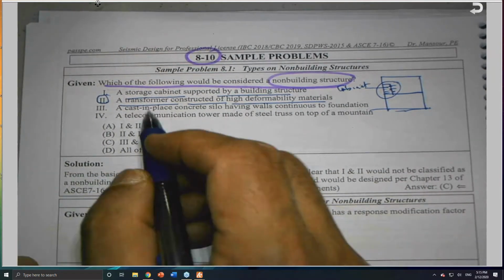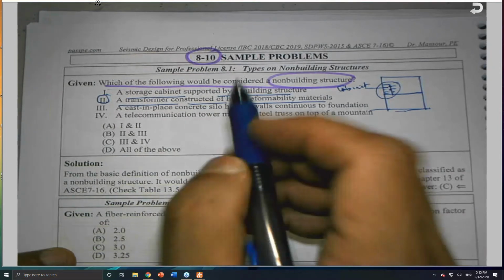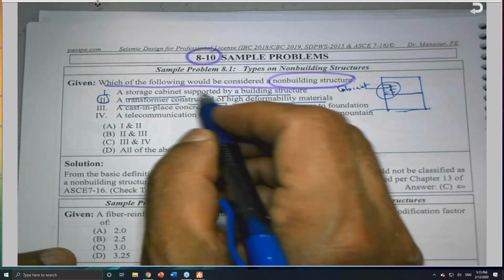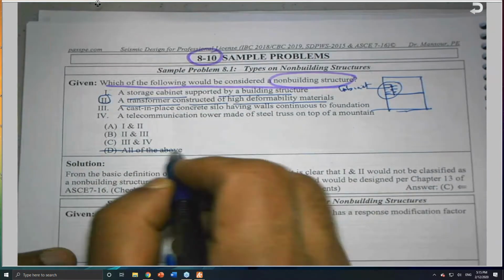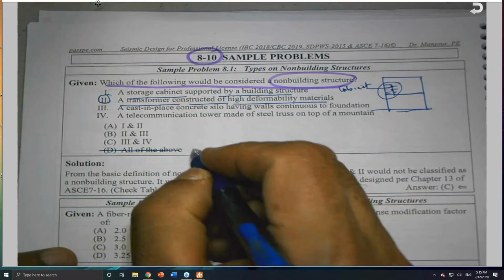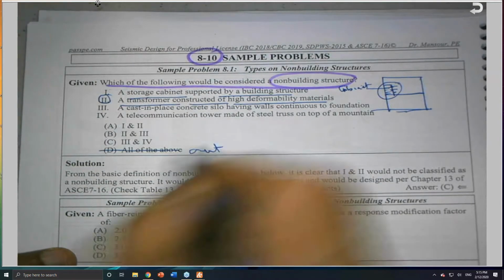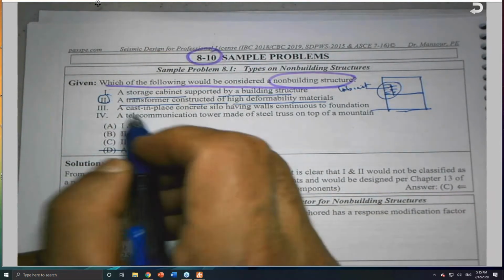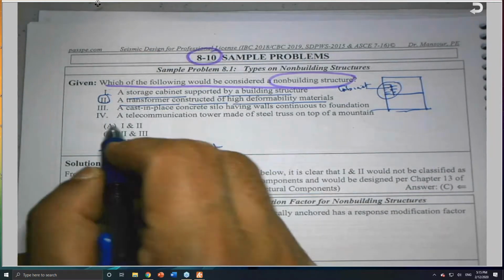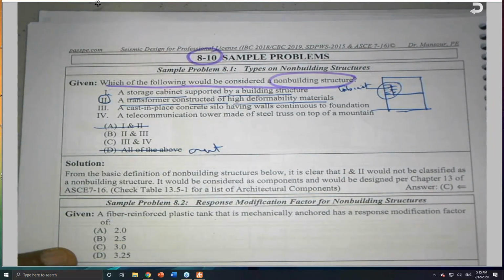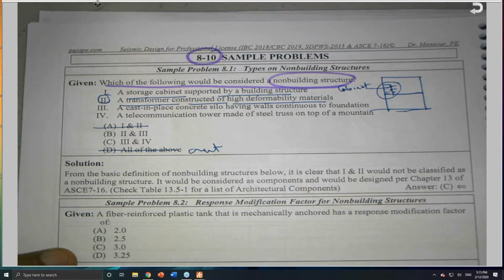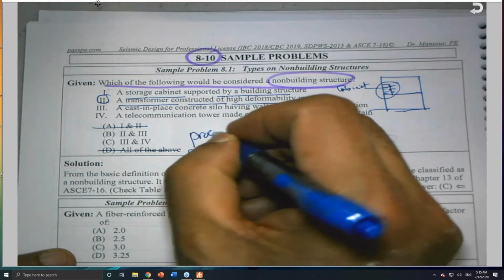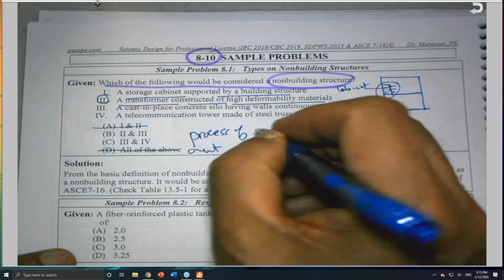First of all, number 1 is not a non-building structure. So the answer, all of the above, D, is out, because not all of them are. And answer 1 also is wrong, so answer A is gone. Are you following me? I need the process of elimination. Maybe he will give you another, but here I'm using a process of elimination.